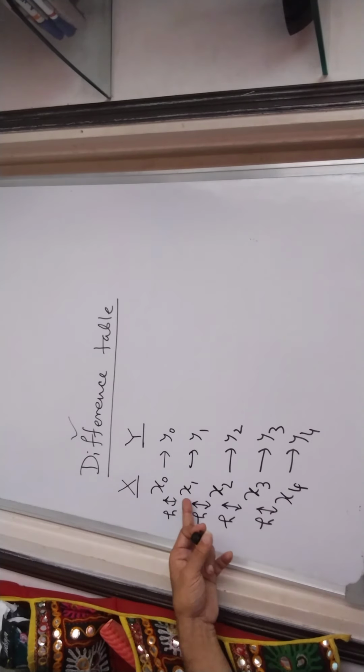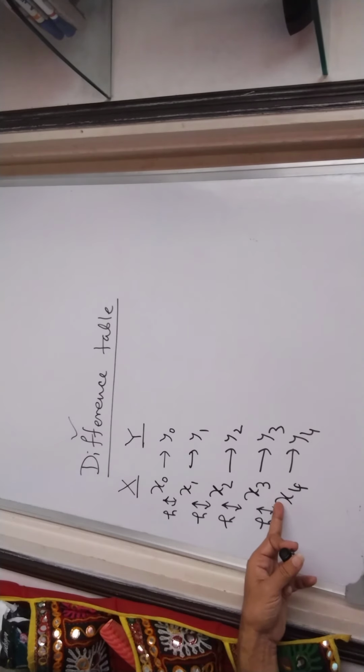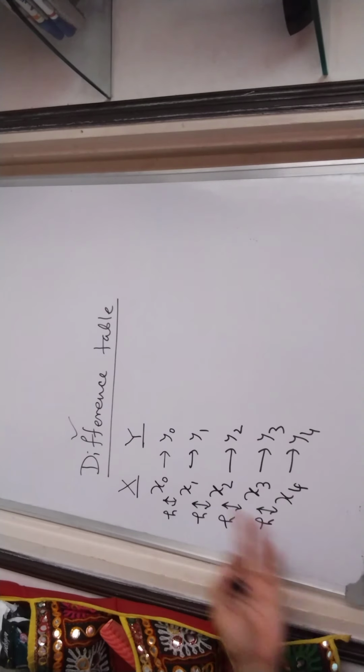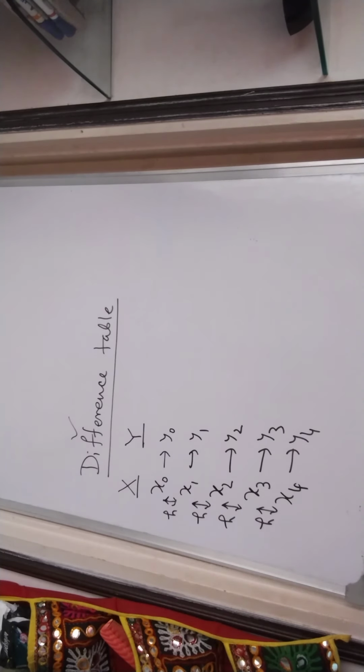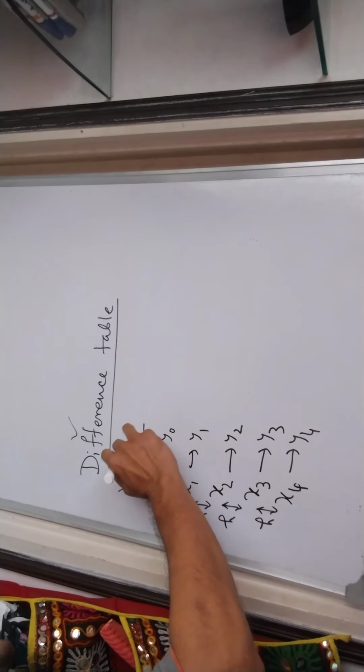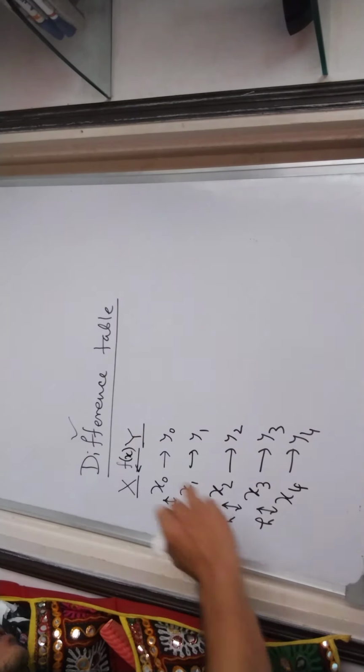So all these x0, x1, x2, x3, x4 are plotted with uniform increment, but obviously the y values are not so, because y depends on x in a different way, and our intention in polynomial interpolation is to find a polynomial which relates y to x.